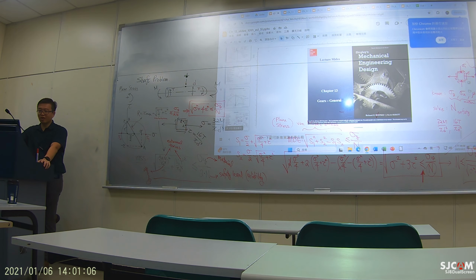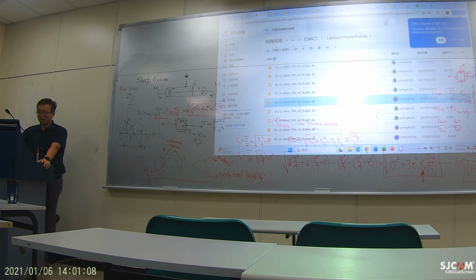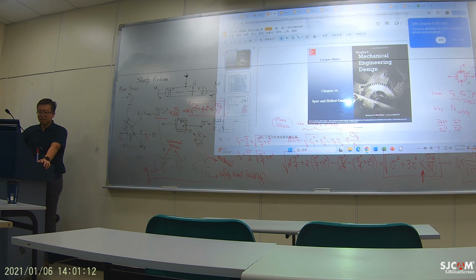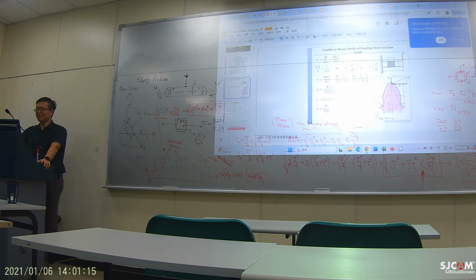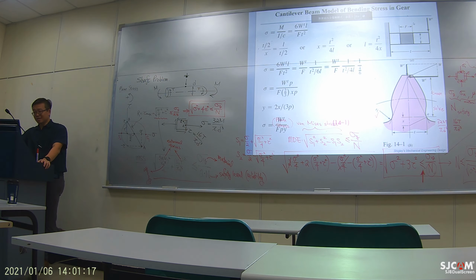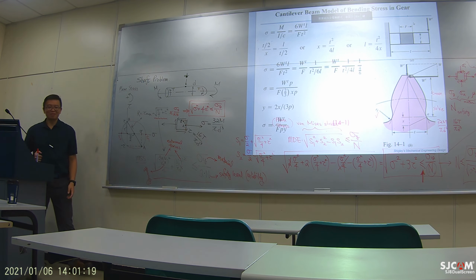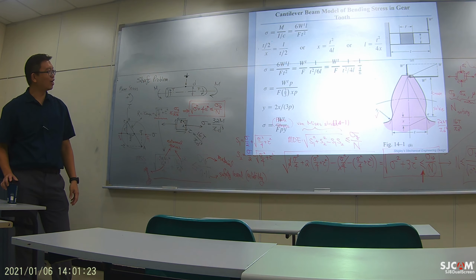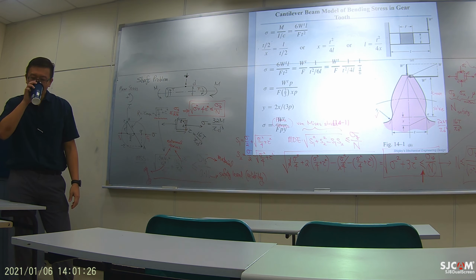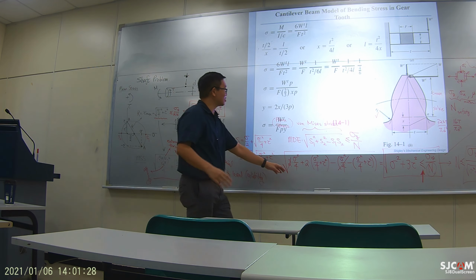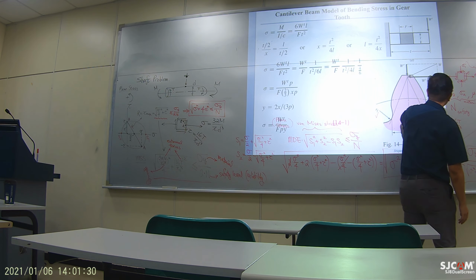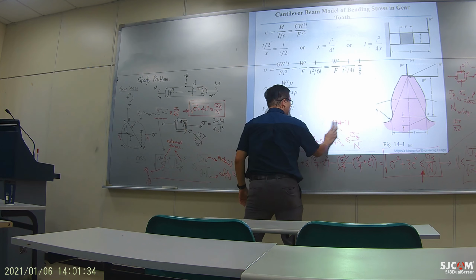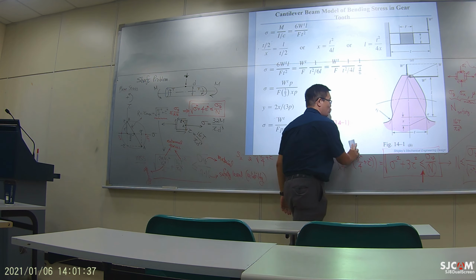So I need to find the right slide. This particular one. So this is very interesting. So this is a gear. This is one tooth of the spur gear. Okay, here we go. So how do you study the stress inside the tooth?